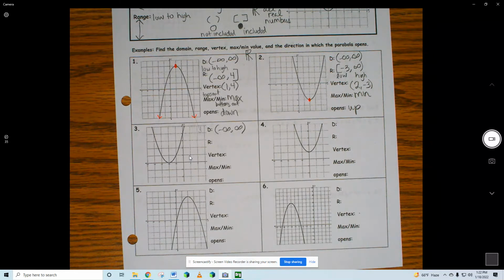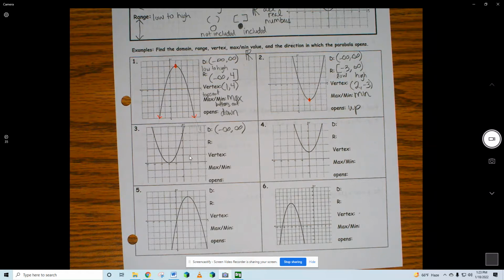And then range. It does not get to negative infinity way down there. No. Where does my parabola begin? 0. That's my low point. 0, 1, 2, 3, 4, 5, 6, 7, 8, 9, 10, 11, 12, infinity.